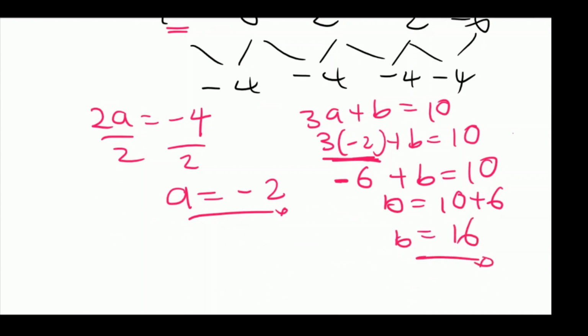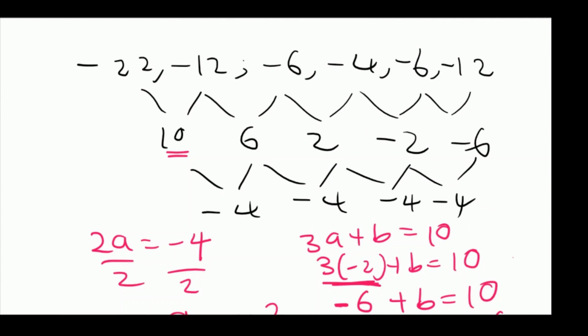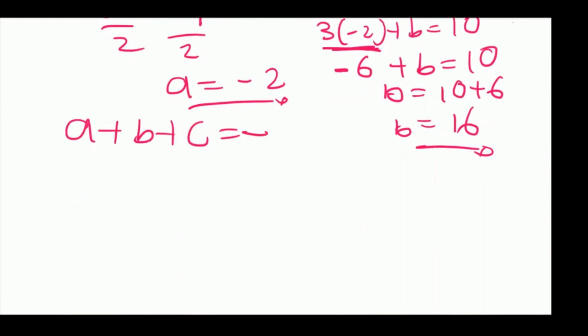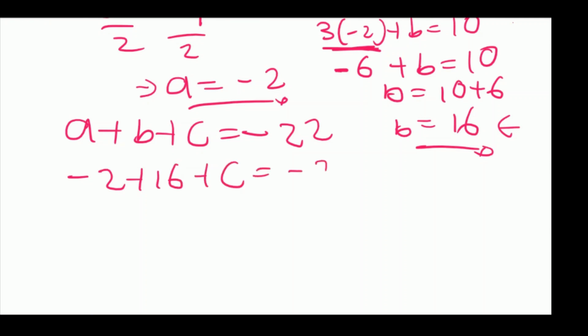Now what you're going to do is say a plus b plus c is equal to the first term of the pattern, which is minus 22. So we substitute: the value of a is minus 2, plus the value of b, which is 16, plus c is equal to minus 22.